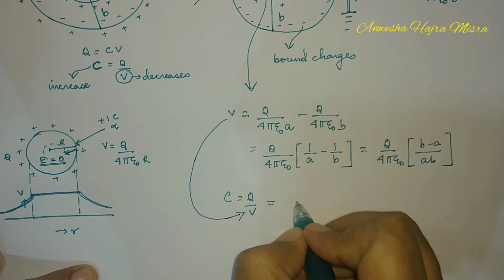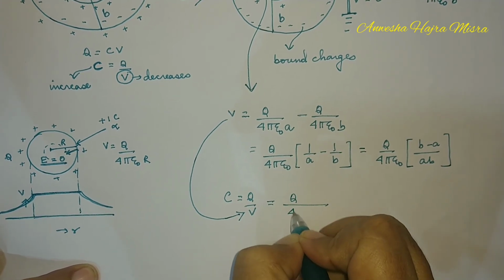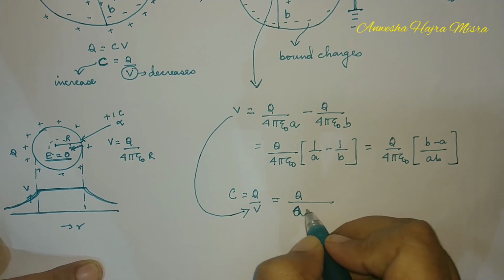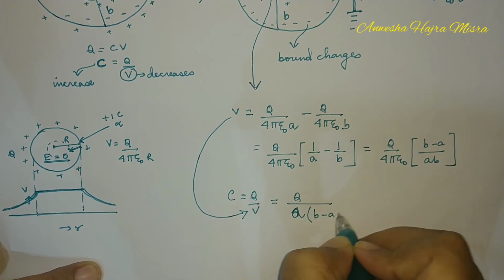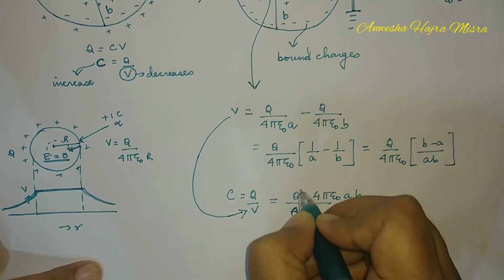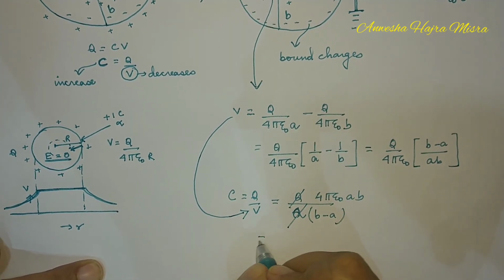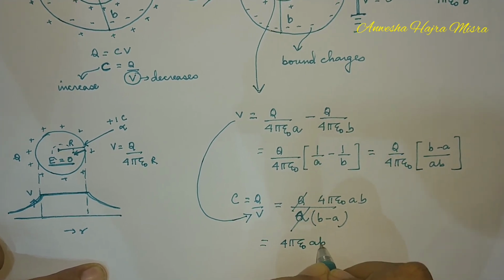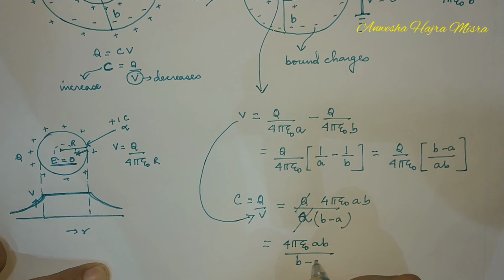Put the value of V: q into 4 pi epsilon naught ab by q into (b minus a). Q cancels. So what is your capacitance? 4 pi epsilon naught ab by (b minus a).